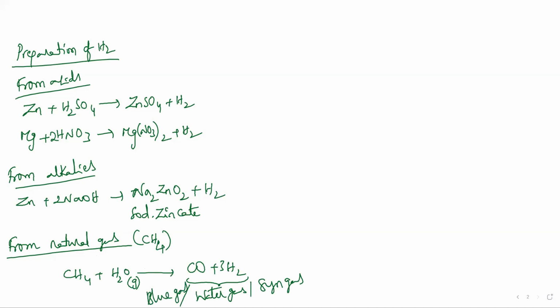So a mixture of CO and H2. So these are some important preparation methods of dihydrogen. Next, chemical reactions are there, but not so important chemical reactions of hydrogen.